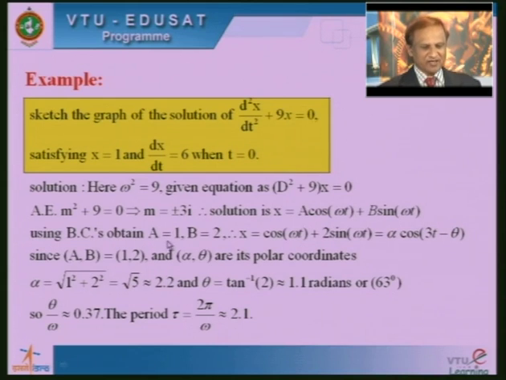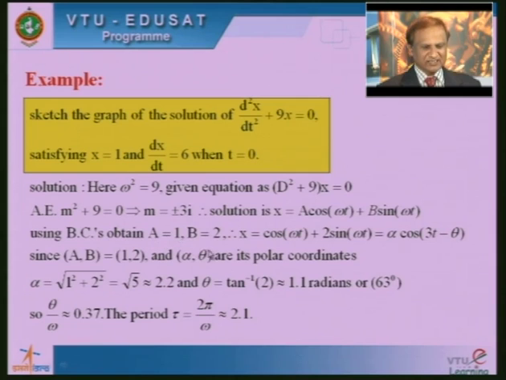Exactly in a similar way, I can calculate the value of a. So, what is the value of a? I hope you will get 1, right. It is very simple. In the given solution, replace x by 1, t by 0, sin 0 is 0, cos 0 is 1, that is why we will get a is equal to 1, right.